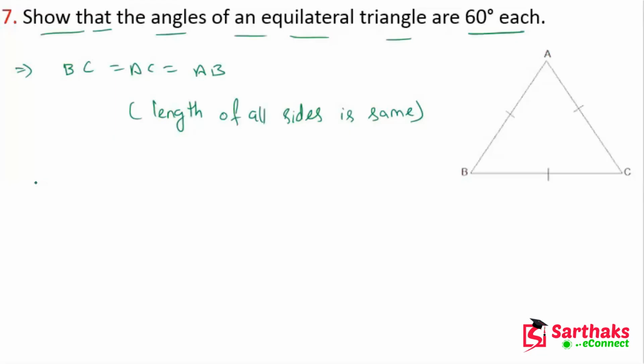So we know that AB is equal to AC, which means the angles opposite to these sides are equal.